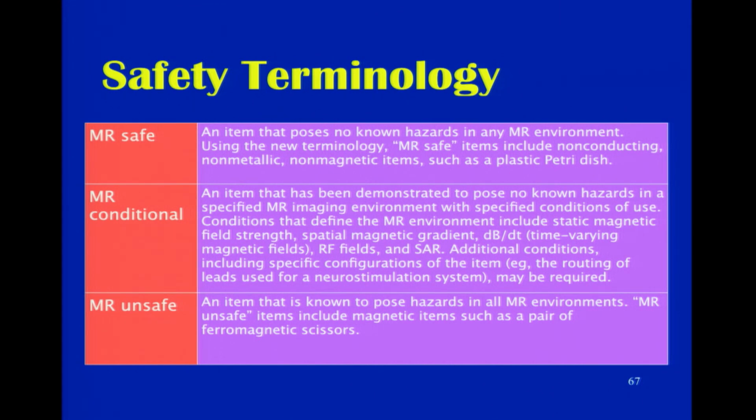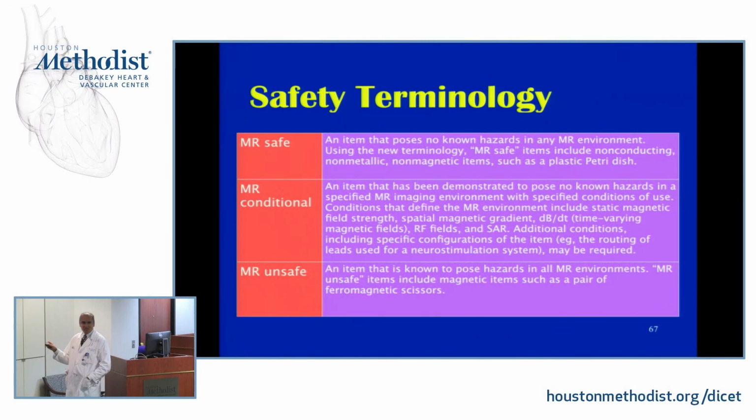Most of the devices that we have now are what we call MRI conditional. So most medical devices are labeled with this terminology, and it is very specific. What it means is that an item has been demonstrated to pose no known hazards in a specified MRI imaging environment with specified conditions of use.